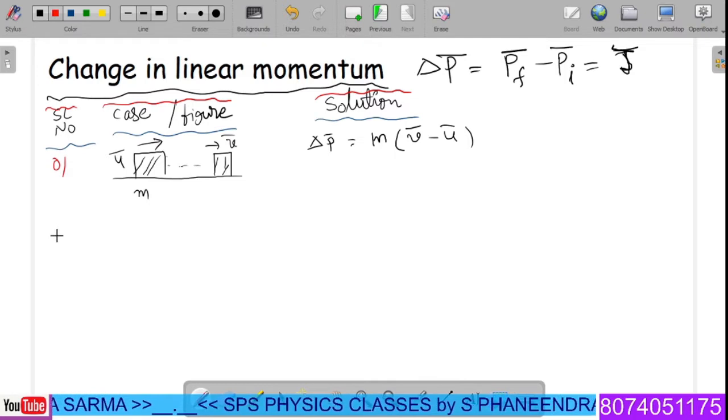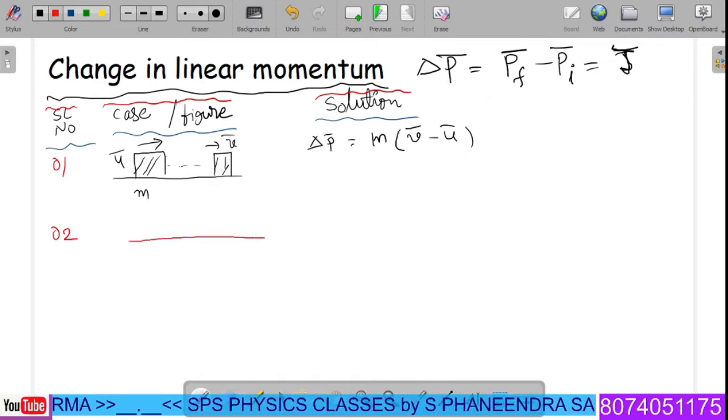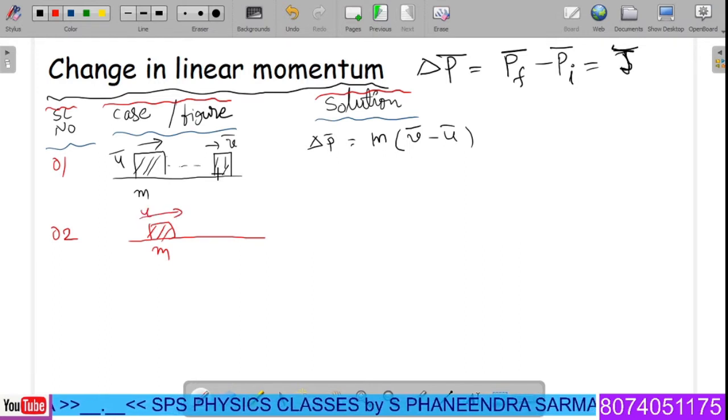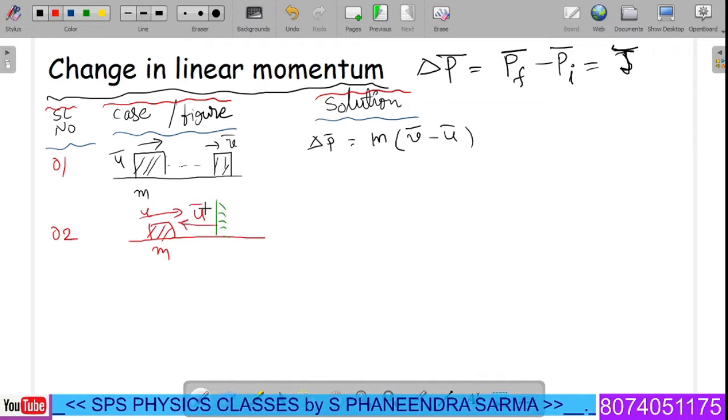Let us consider the second example. Suppose here is the floor and here is the object having mass m, and u is the initial speed. Here is a wall. The object moves towards the wall, bounces, and returns back with the same magnitude of speed.